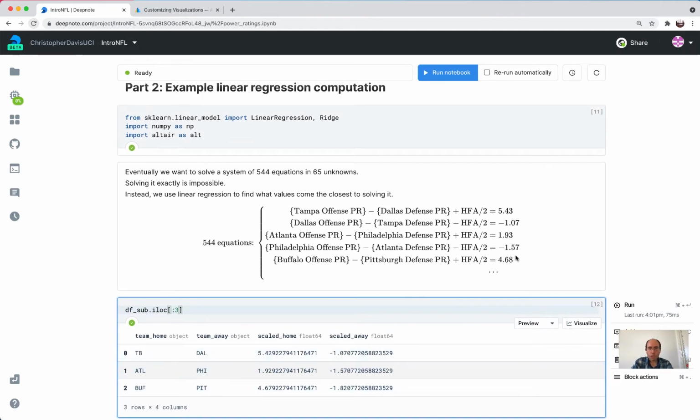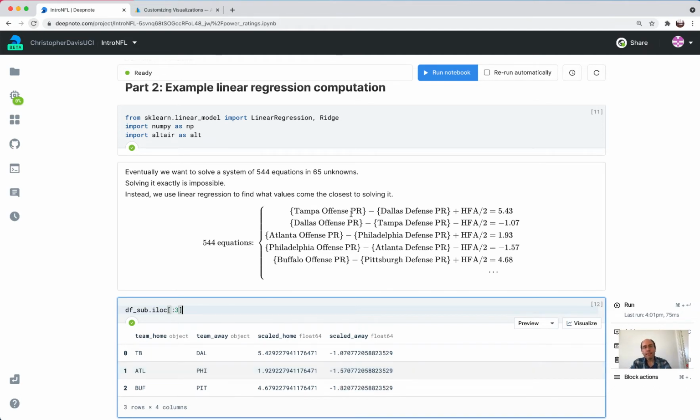So for example, where does this Philadelphia minus 1.57 come from? It comes from this Atlanta versus Philadelphia game, where the spread and the total tell us that Philadelphia is expected to score 1.57 points below league average.